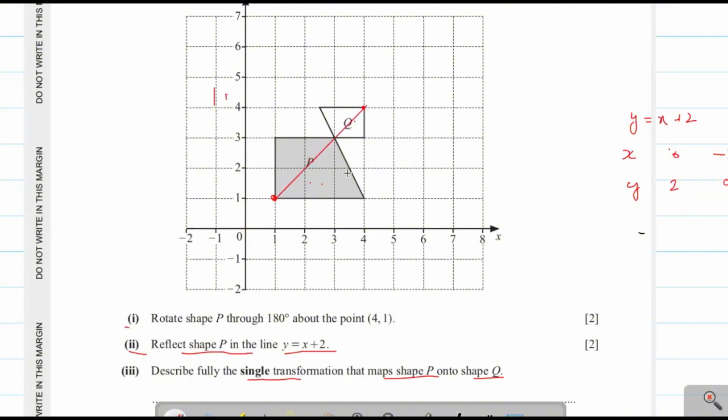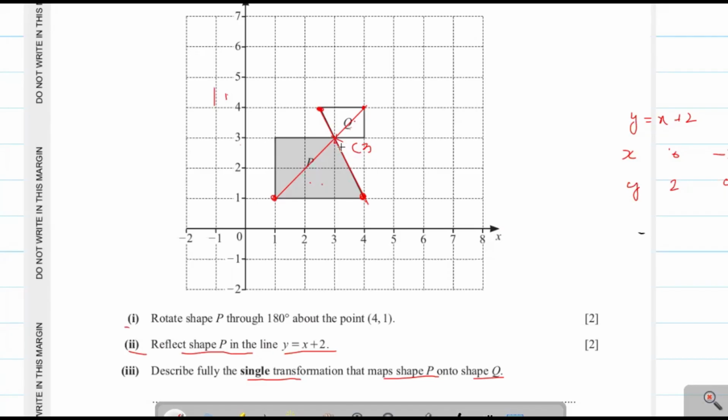This is the second point of the object P, and this is the image of the enlarged shape. When we join these 2 points, we get a line, and both lines intersect at this position, and this position is the center of enlargement.